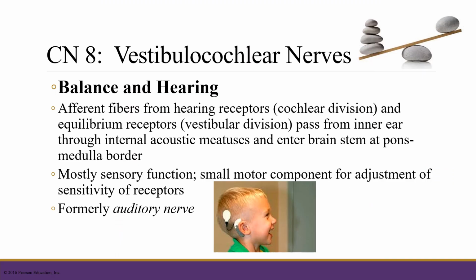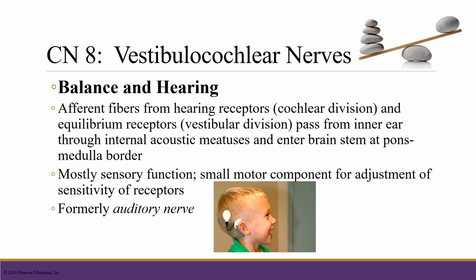Moving on to cranial nerve 8, vestibular cochlear nerve. So vestibular being the balance part, cochlear being the hearing part. The kid down there has a cochlear implant, so he's able to hear where he was not able to hear before. Afferent fibers from hearing receptors of the cochlear division and equilibrium receptors for the vestibular division pass from our inner ear through that internal acoustic meatus and enter the brainstem at the pons medullary border.